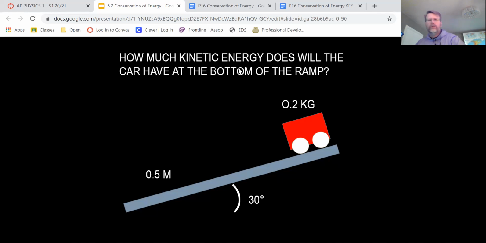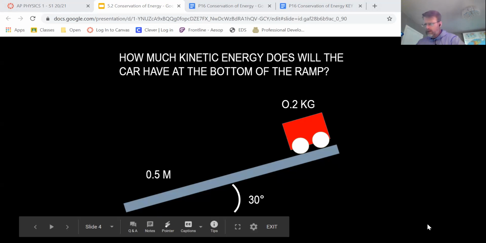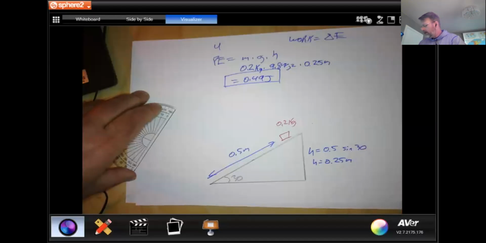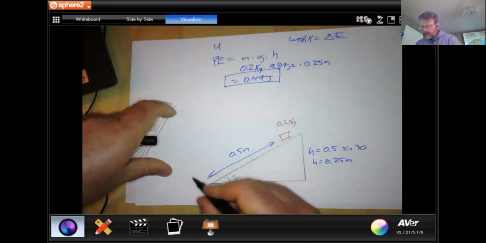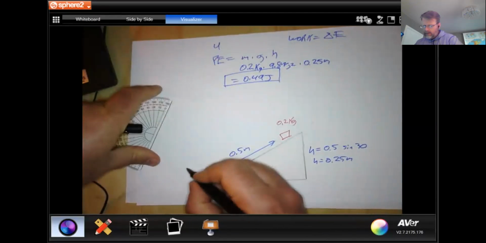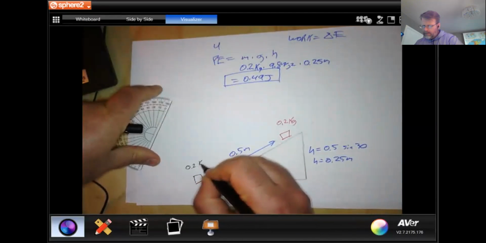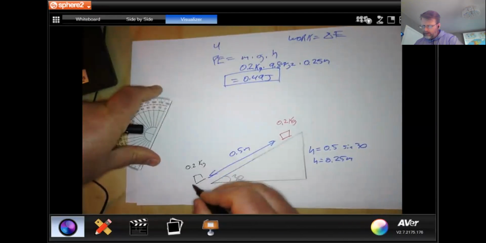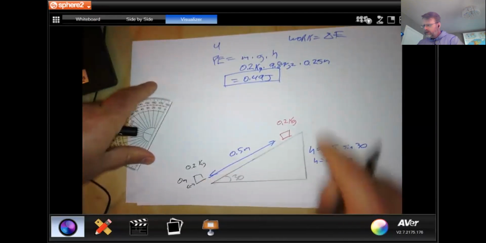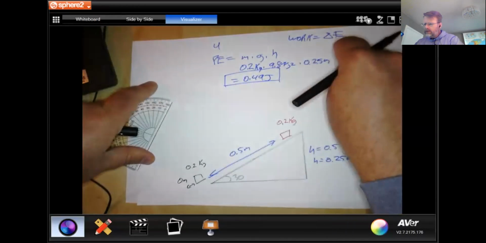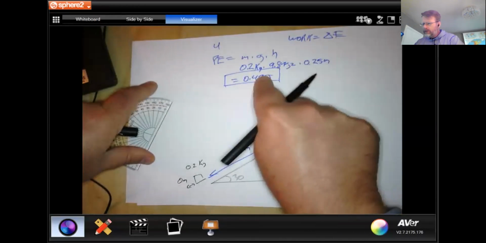So if we come back and look at the paper, now if we're down here with the cart, we're going to be at 0 meters. Okay, so all this work went into potential.